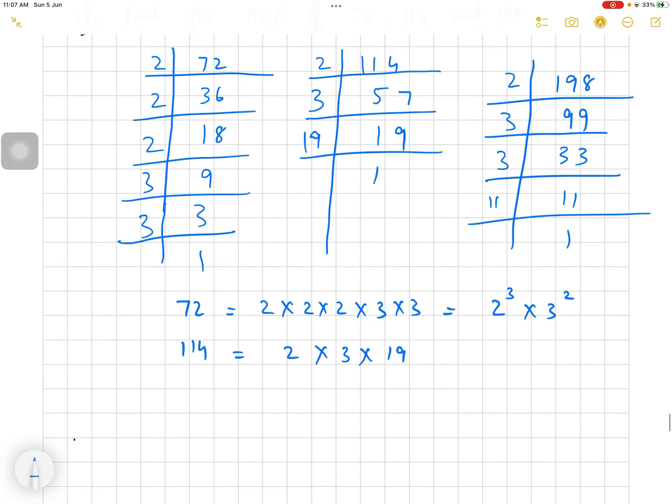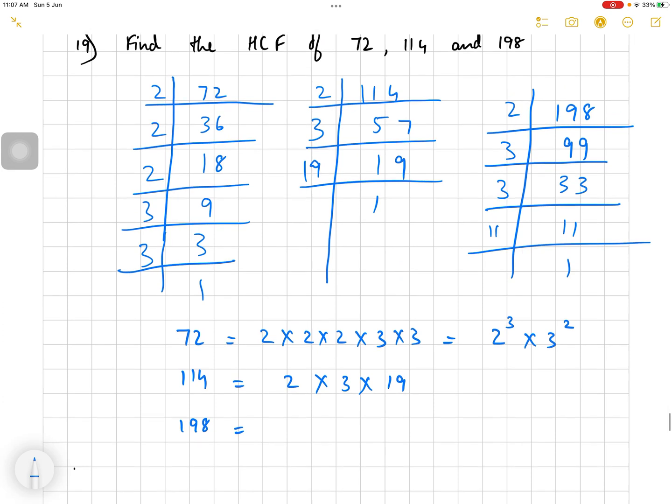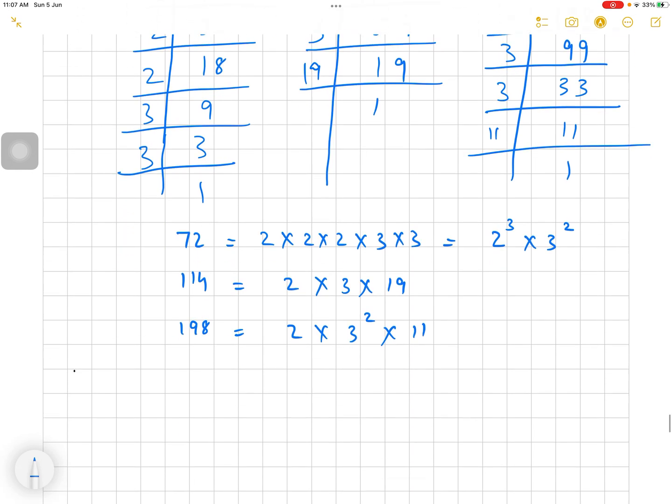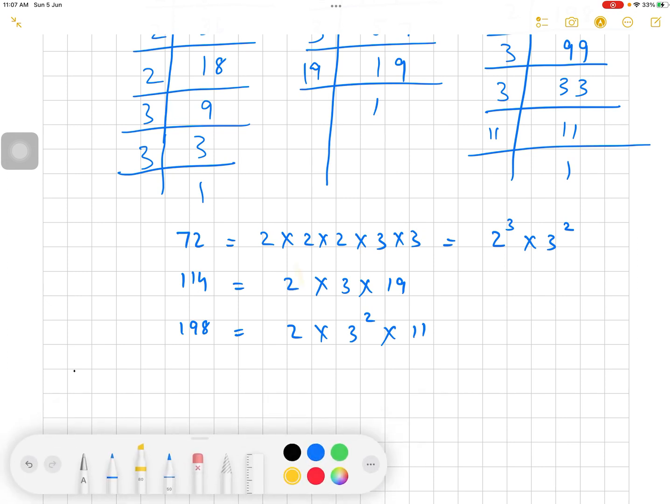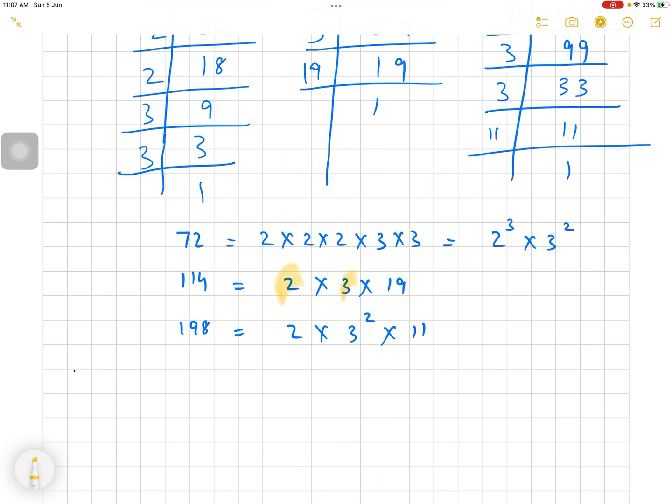And for 198, I can write 2 into 3 square into 11. So the common factors here are 2 and 3. The lowest power is 1, correct? So here also and here as well, the lowest power is 1.